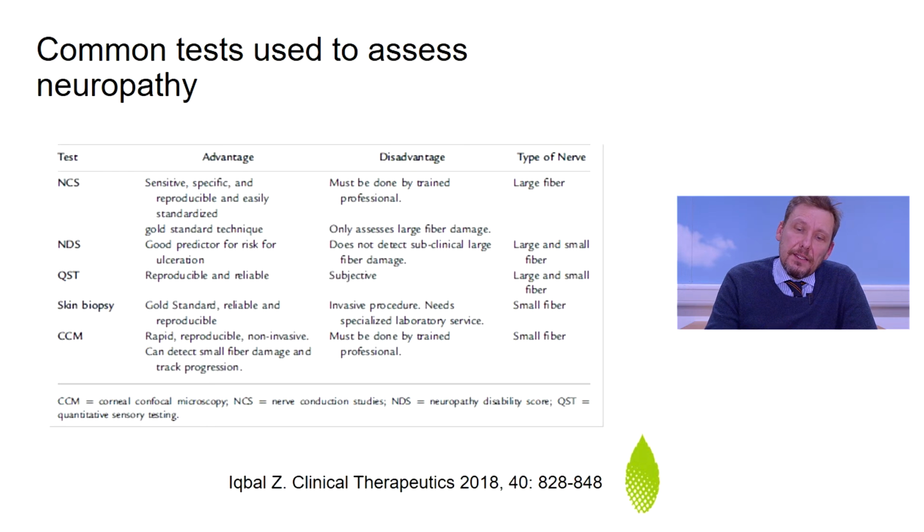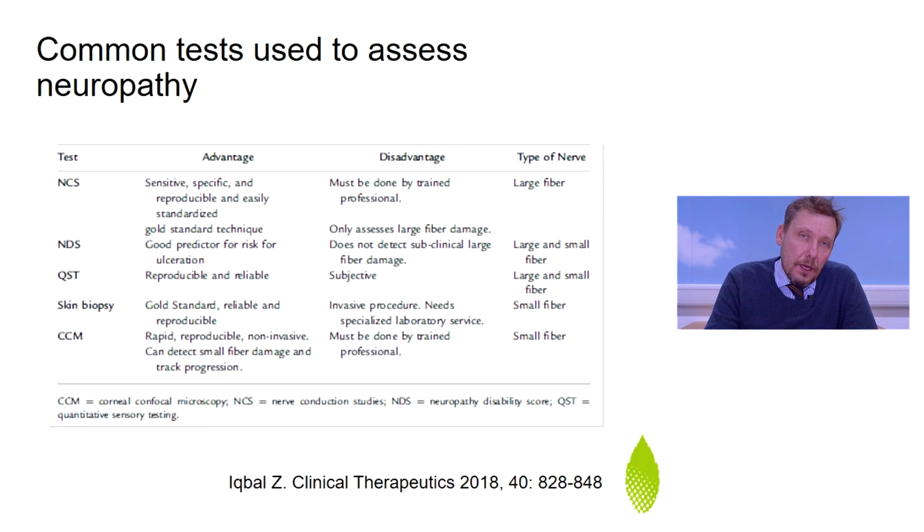This slide simply illustrates some common tests used in the assessment of neuropathy. As we can see here at the top is nerve conduction studies. This is the gold standard test for DSPN and is a sensitive and specific tool and is highly reproducible.